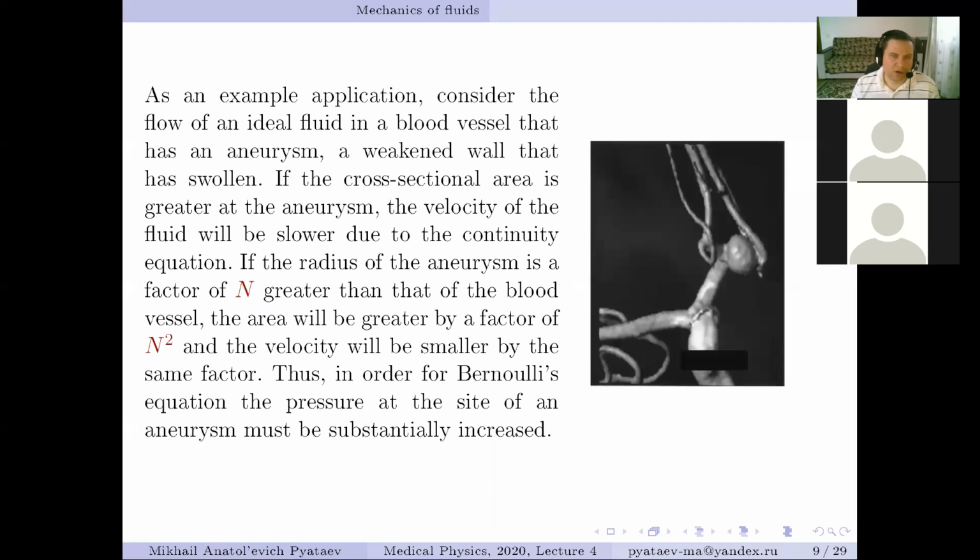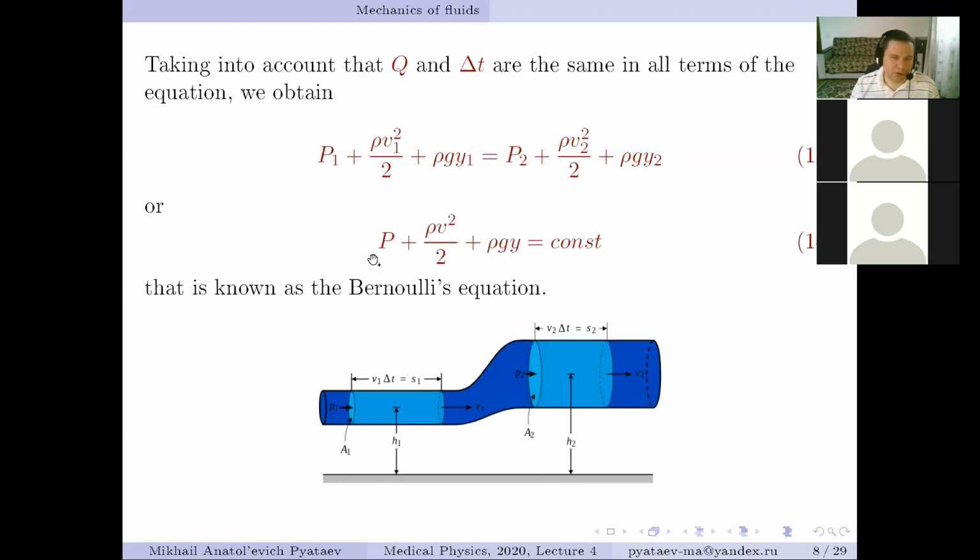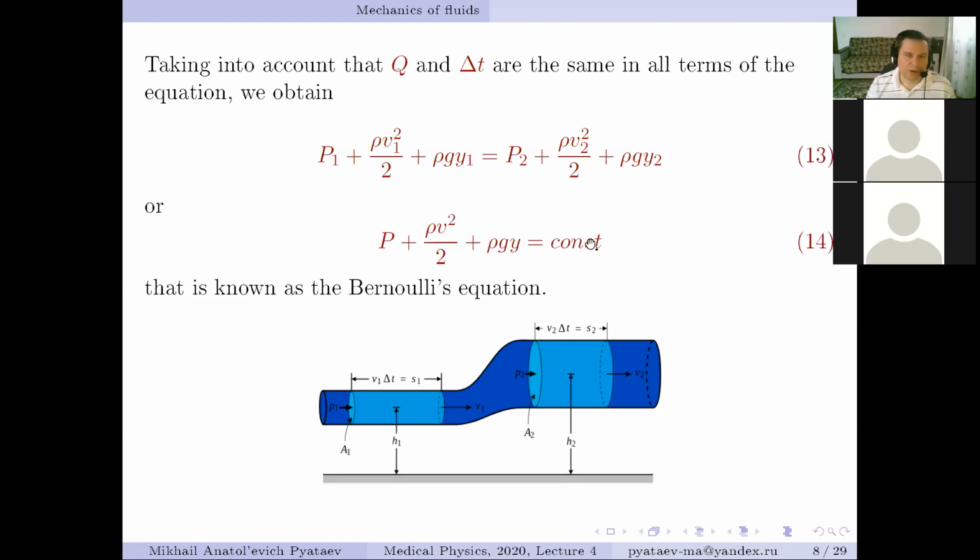But actually, from Bernoulli's law, we can see that if velocity decreases, then P increases, because if we have the same height and this term is not important, rho g h, then we have two terms, P and rho V squared by 2.